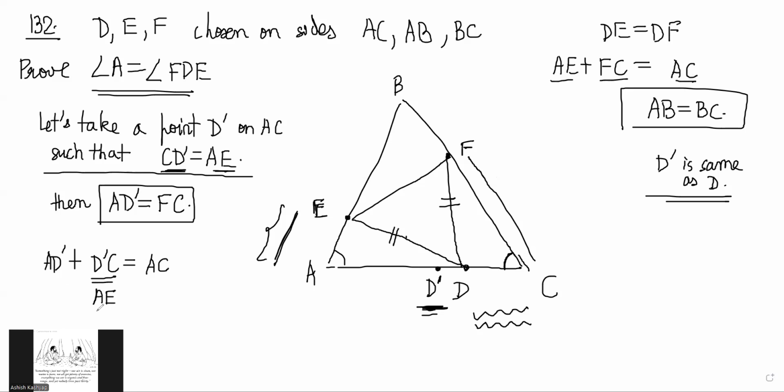This part is AE, no? So this plus this is equal to AC we are getting from here, right? And from here, combining it with this, we can figure out that then AD dash must be equal to FC, right?